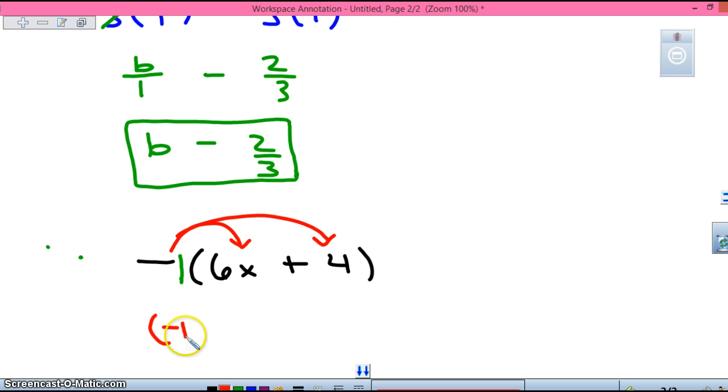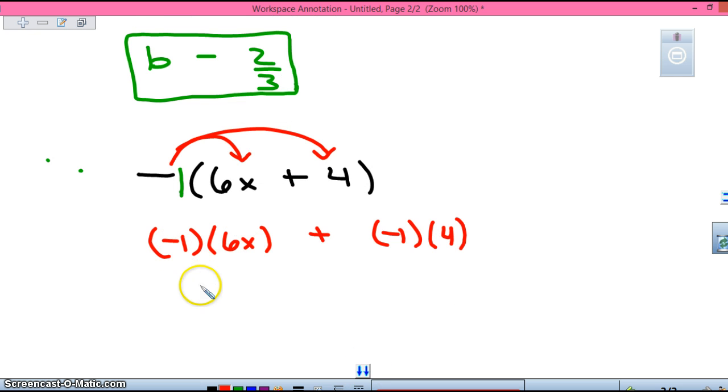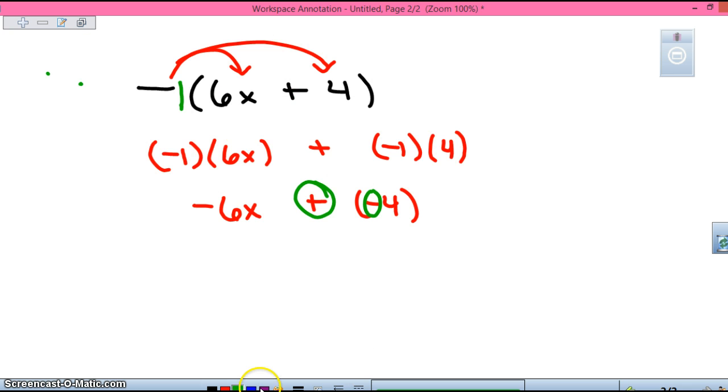This means negative 1 times 6x plus negative 1 times 4. Negative 1 times 6x is negative 6x plus negative 4. Can I simplify? I have a plus and a minus together. Yes, when there's a plus and a minus together, we keep the minus sign.